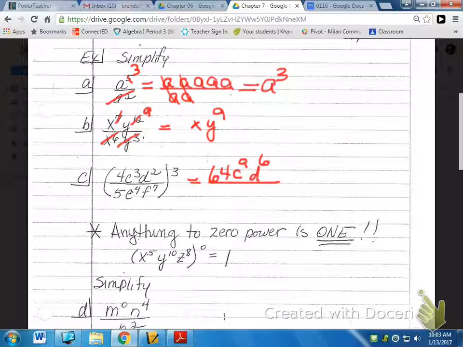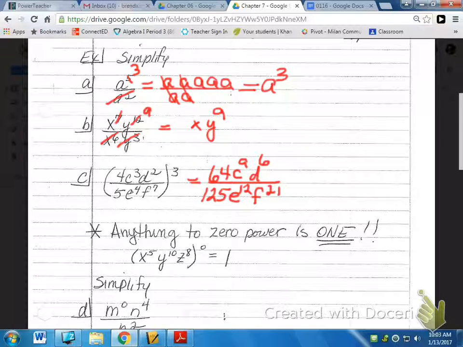Okay, and on the bottom, 5 cubed would become 125. e to the 4th would be e to the 12th. And then f to the 7th would become f to the 21.